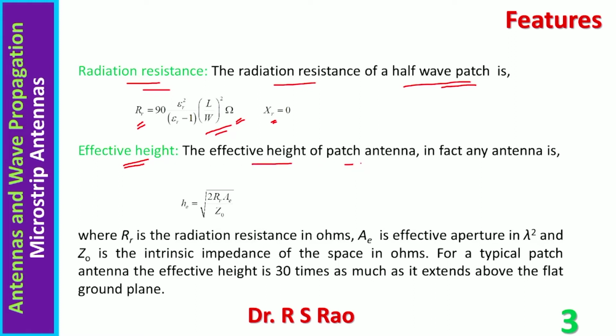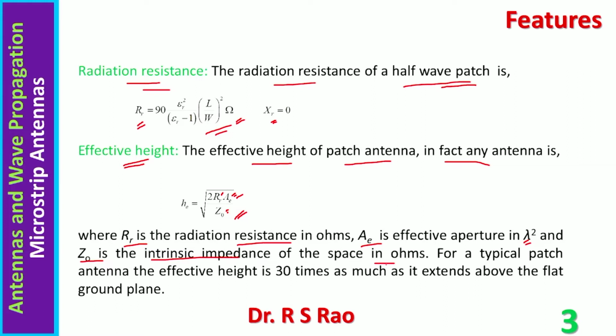The effective height of patch antenna, in fact any antenna, is given by this formula: under square root 2 R R A E over Z naught. Here RR is radiation resistance in ohms, AE is effective aperture in lambda square, and Z naught is intrinsic impedance of the space, ohms.